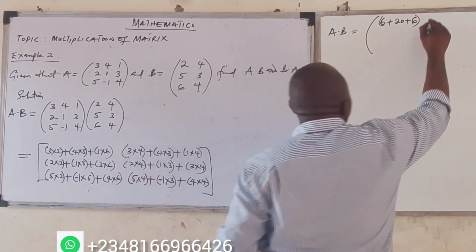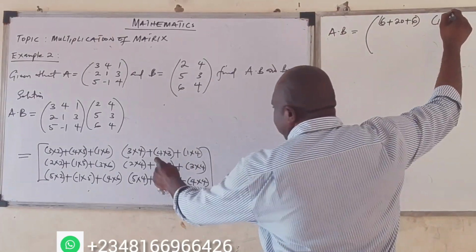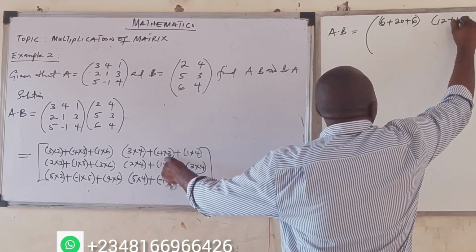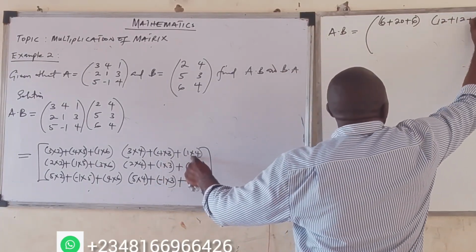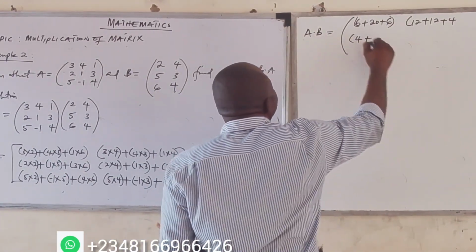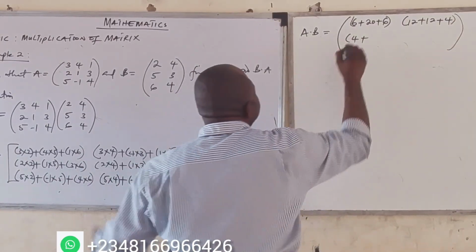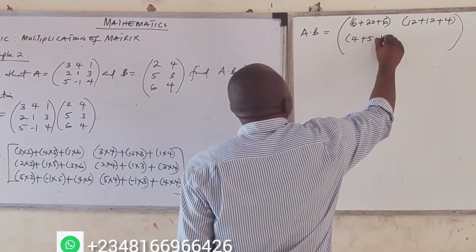Now the other one here, we have 12 plus another 12, then plus 4. So here we have 4 plus 5 plus 18.